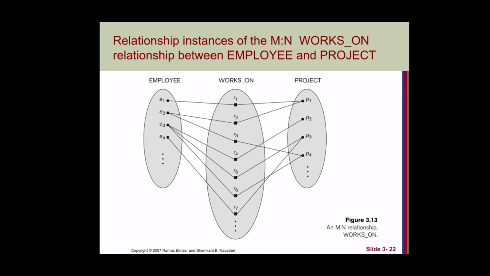He is working for project P1 as well as project P4. In the similar way, E3 is working for project P2 as well as P3 as well as P4. So this is a kind of m is to n relationship, right?